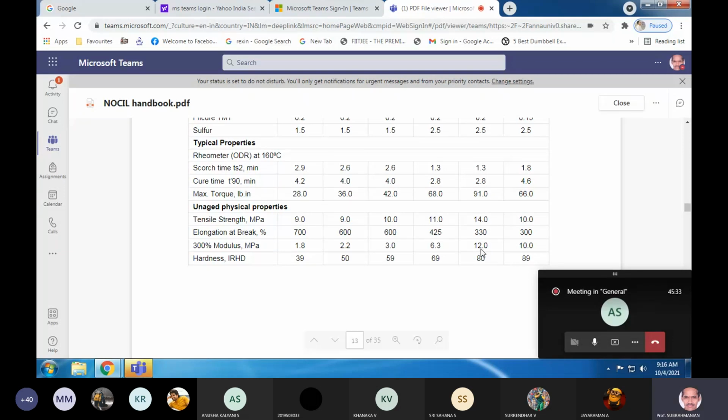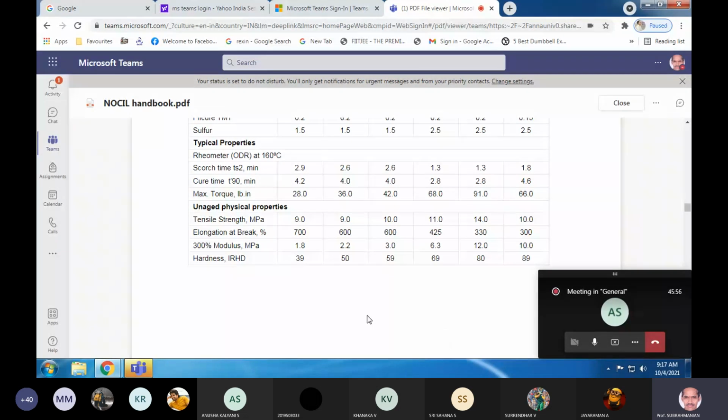The least is the 40 hardness, because I haven't used any reinforcing filler. So 12 is the modulus and with good elongation, it means I have a tough rubber product.